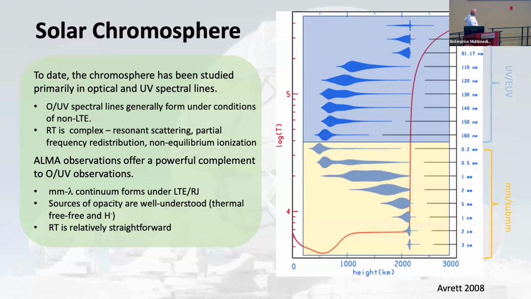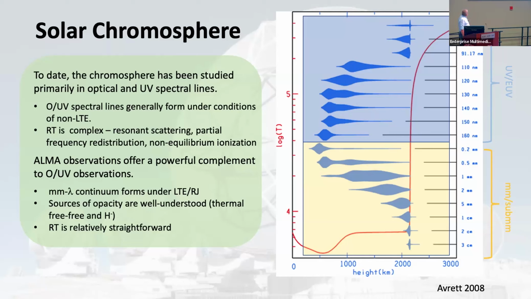You have to worry about the radiative transfer, which can be complex, involving resonant scattering, partial frequency redistribution, non-equilibrium ionization, because things move on a timescale shorter than they can recombine or be ionized. So it's very complicated, and the models are marvels of computational creativity, but they also involve a lot of physics.